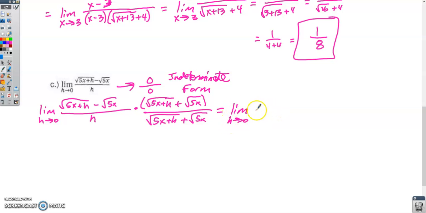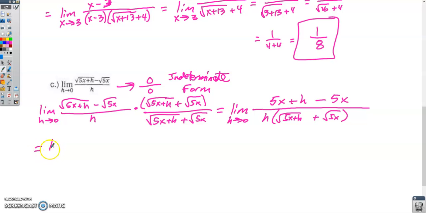It leaves me with h times the quantity square root of 5x plus h plus the square root of 5x in my denominator. And in my numerator, the two middle terms are going to cancel out since we're multiplying by the conjugate, so I'm not going to bother writing them. It leaves us with 5x plus h minus 5x. Now the 5x's cancel each other out.